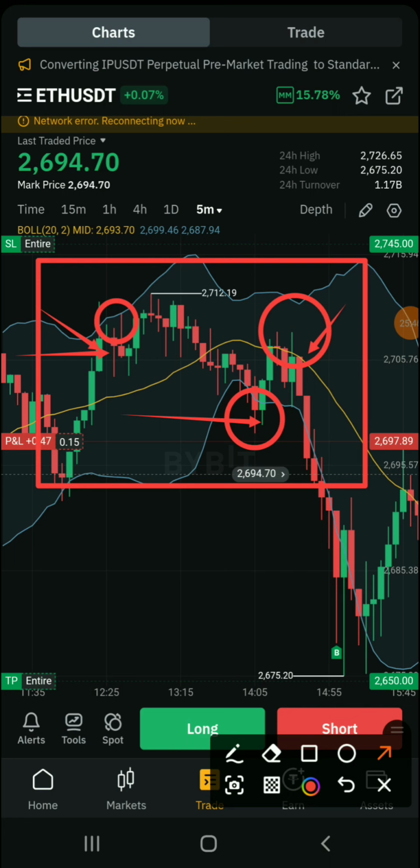So this is where our change of character lies, and then it started to go down, and this was the previous low, right? This was the previous low right here, and the candle kept going down. You see, it has disrespected this low, right? So now this is where I'm going to enter the market.